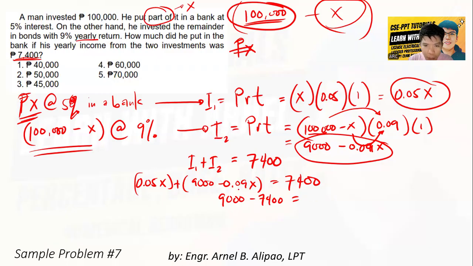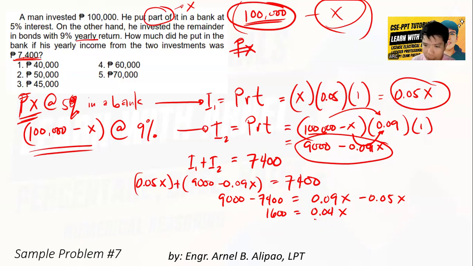And then the negative 0.09x becomes positive 0.09x here, and the 0.05x becomes negative 0.05x. So 9,000 minus 7,400 is 1,600. 0.09 minus 0.05 is 0.04x.